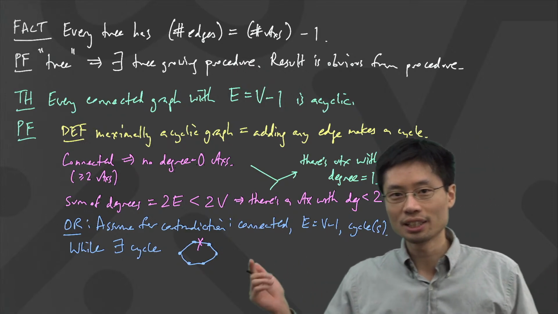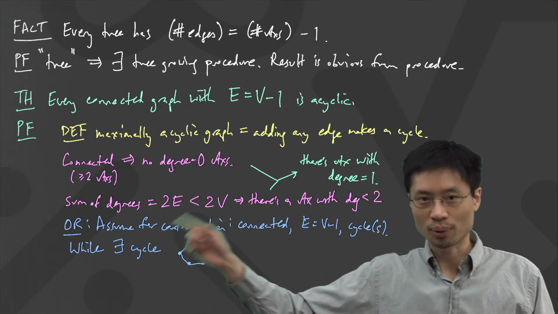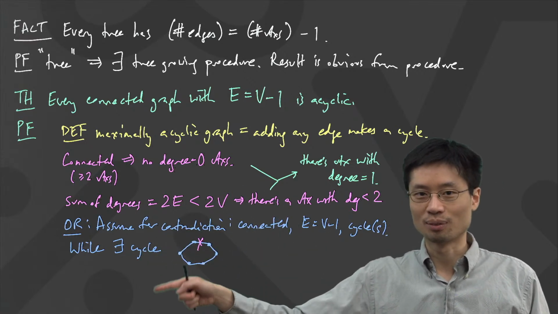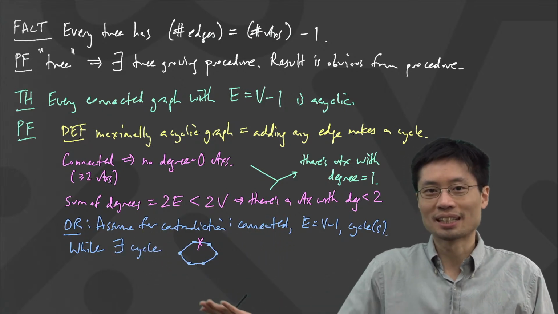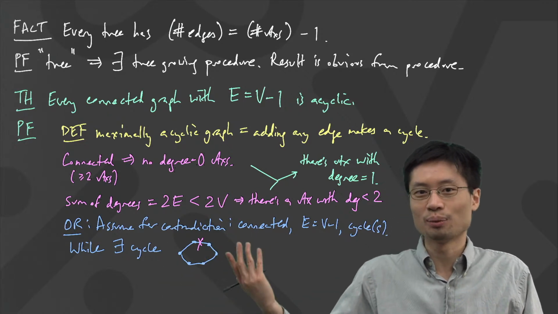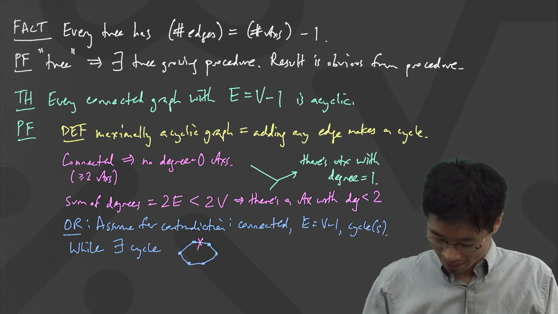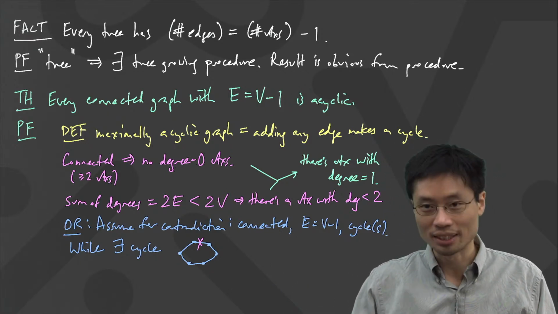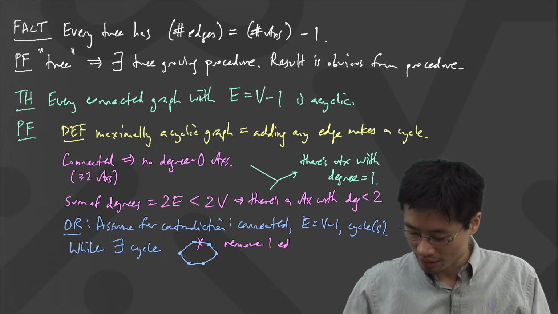If you were supposed to use the edge to get from point A to point B, then go around the other way on the cycle. Did that make sense? This makes sense if you think of roads in the world. If you had a cycle and these are two-way roads, you blow up a road and you can still go around. Don't blow up roads. Okay, so you just tear out an edge. While there's a cycle, remove one edge. Still connected.